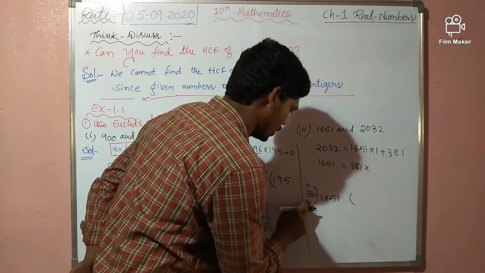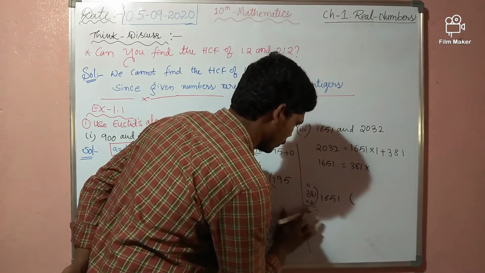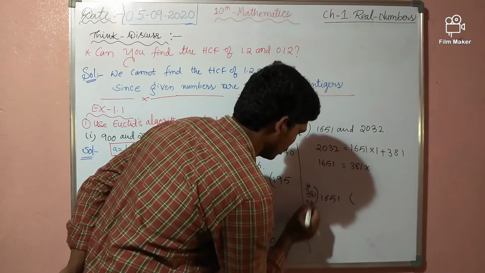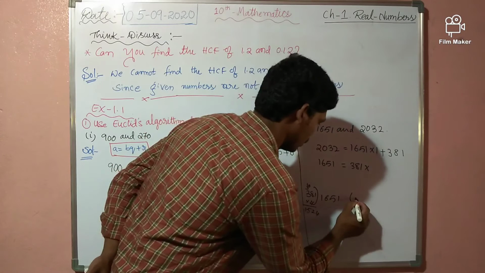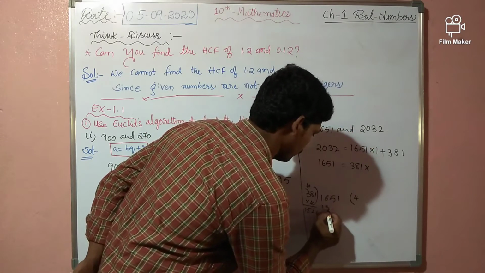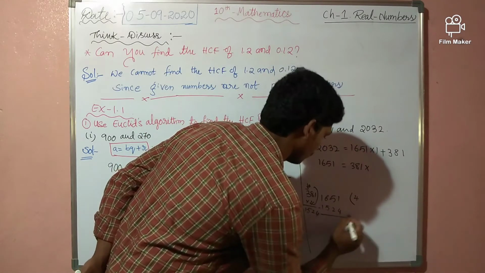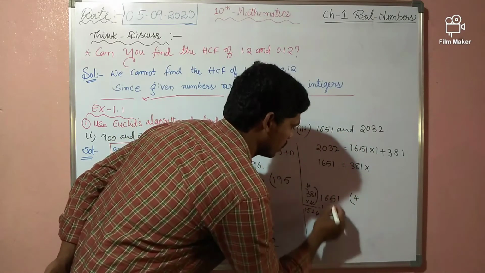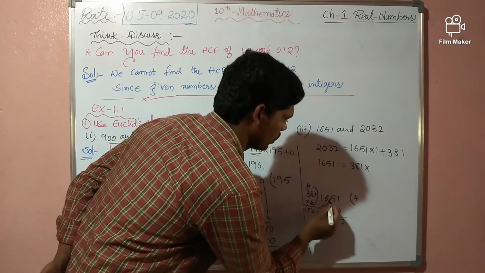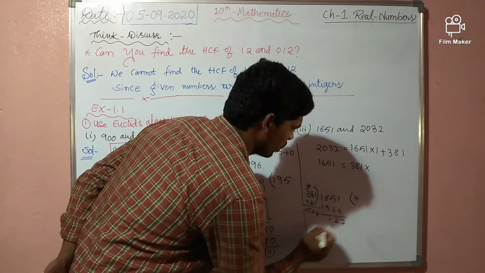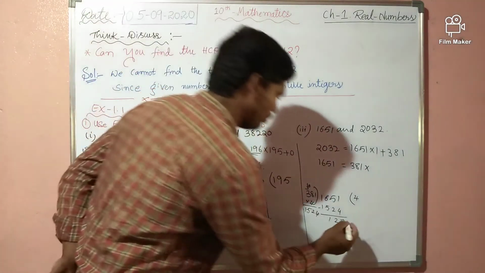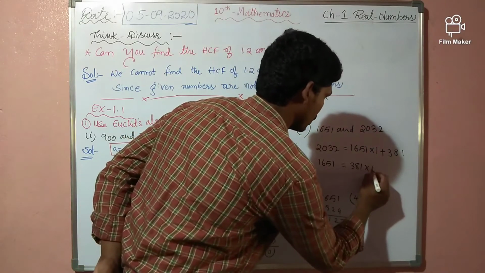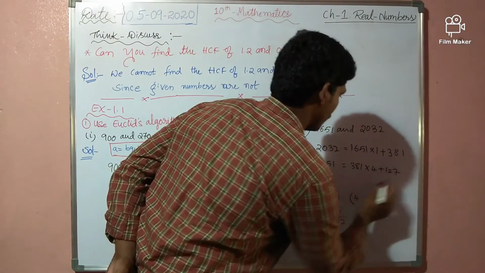So you can check 4 times. 4 ones are 4, 4 8s are 32, 4 3s are 12, 12 plus 3 is 15, 1524. So 4 times gives 1524. By subtracting, what do you get? 11 minus 4 is 7, 4 minus 2 is 2, and so on. So 4 times, and the remainder is 127.